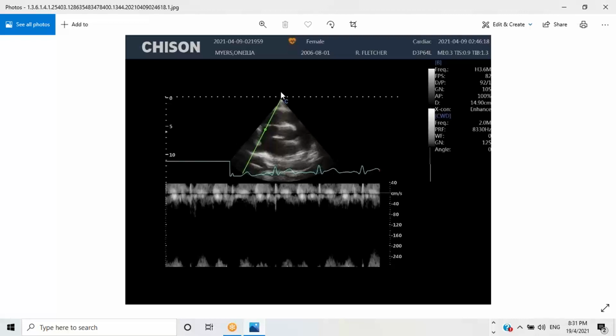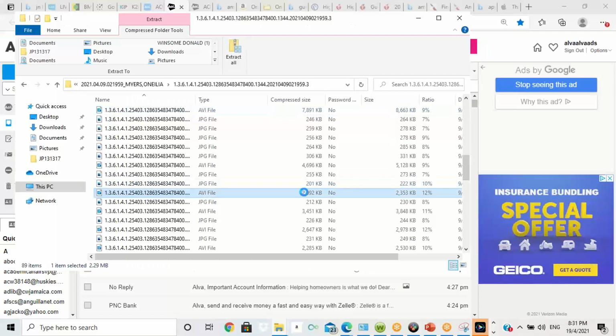Okay, so you put the cursor, the sample volume is right there. You press PW Doppler, and because it's not a significant tricuspid regurgitation, you don't get a well-formed envelope.